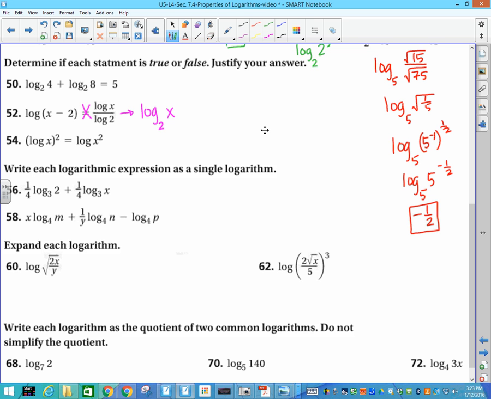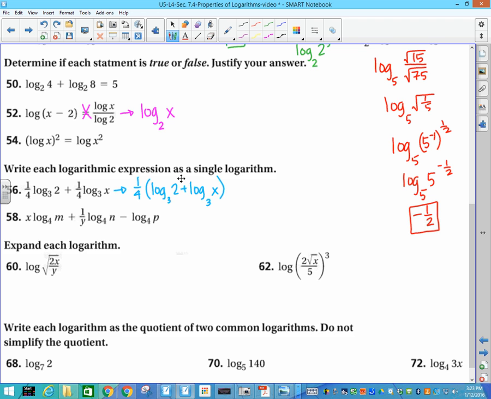Okay, write each expression as a single logarithm. So I'm bringing them back. This might be easier if I see the same number, 1/4 and 1/4, on these. So this is going to be 1/4 times the log base 3 of 2 plus the log base 3 of x.